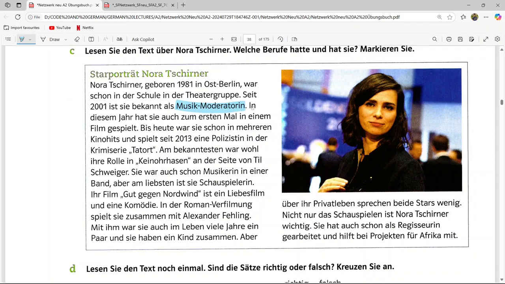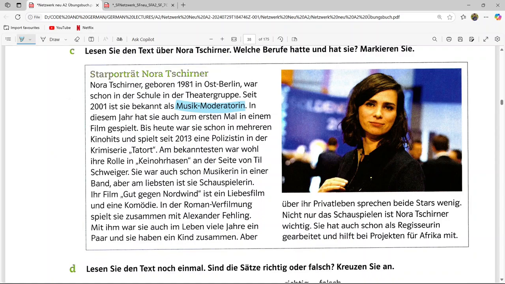Okay, in diesem Jahr hat sie zum ersten Mal in einem Film gespielt. This year she also acted in her first film. So she is also a Schauspielerin.